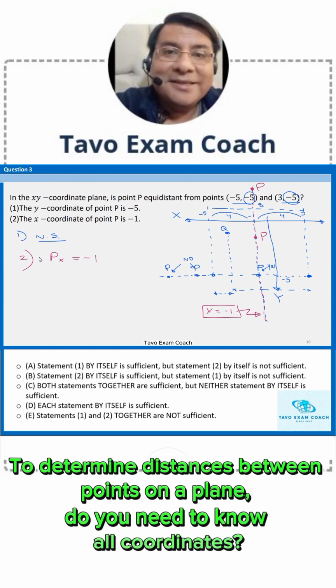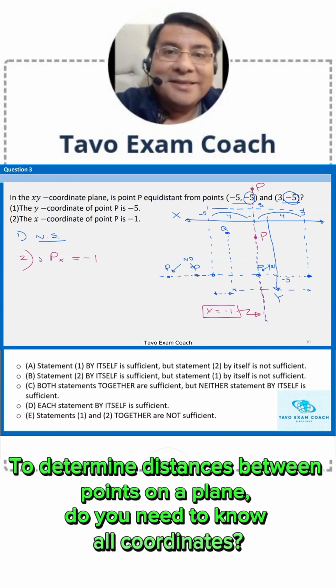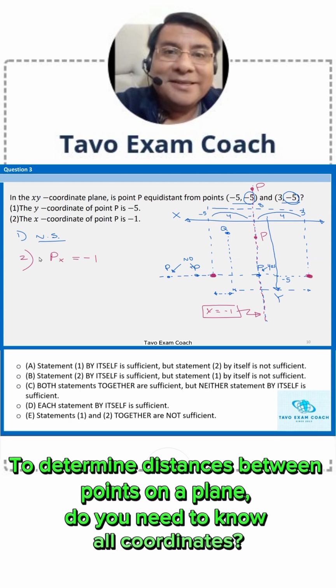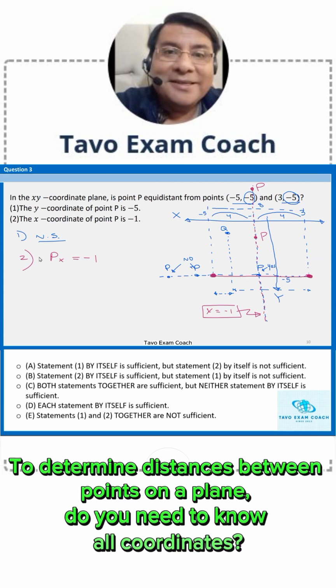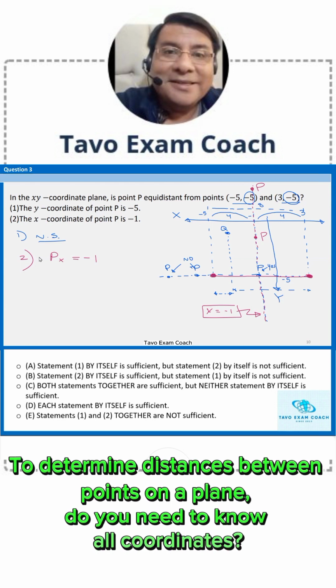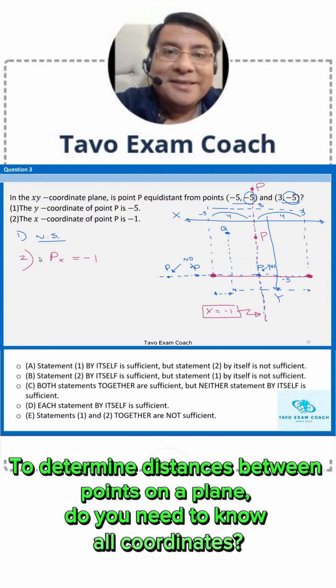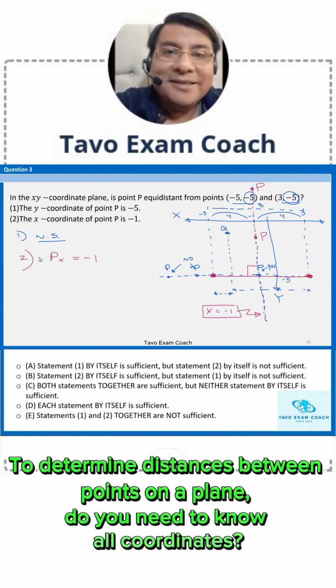Well, we can determine that this has to be a yes in all cases, because the 2 points given here can be considered the endpoints of a line segment that is completely horizontal. And the virtual vertical line x equals -1 can be considered its perpendicular bisector because it is completely vertical.